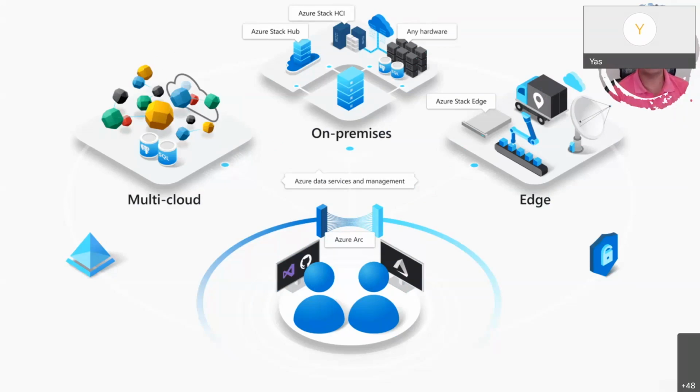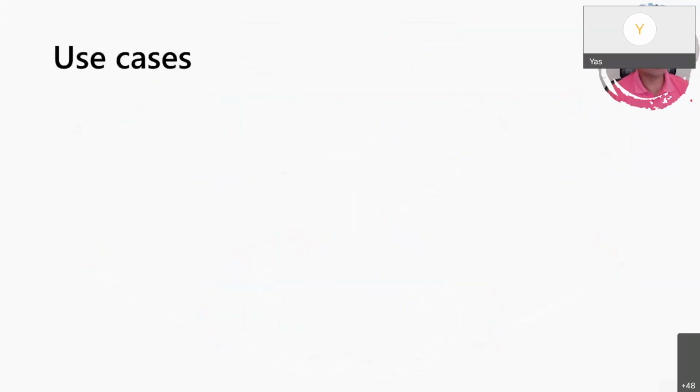It's a centralized management layer for all your environments or services, regardless of where they are deployed. Definitely go check this out. Really great service, a really great use case for monitoring and management of your solutions.